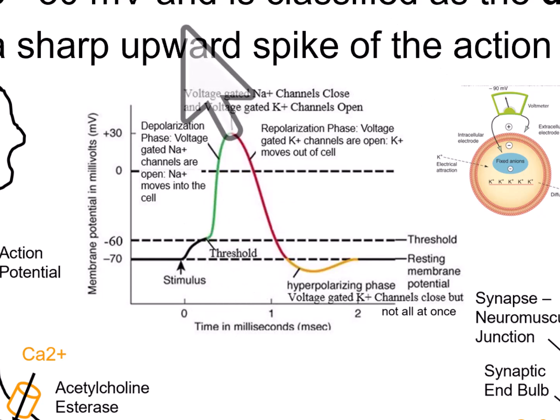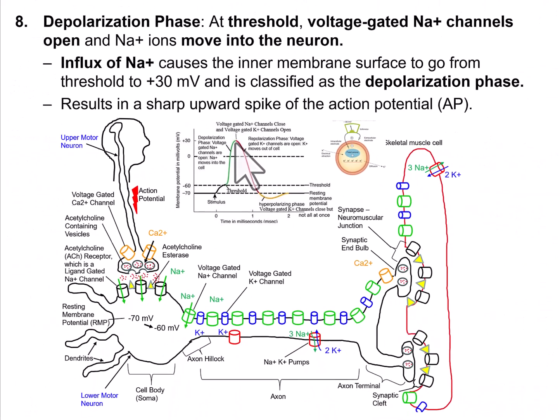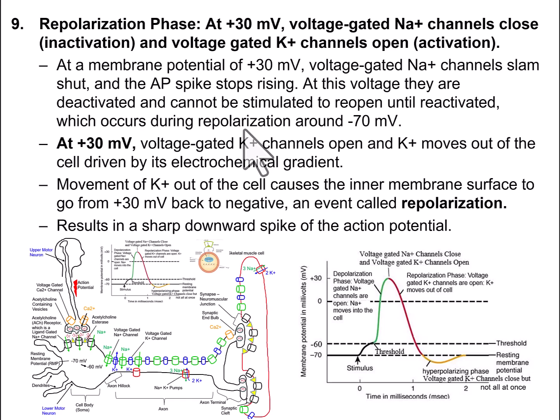Now watch this. This is really cool. As this sodium reaches positive 30 millivolts, that's the voltage that closes voltage-gated sodium channels and opens voltage-gated potassium channels. So once you hit positive 30 millivolts, the spike stops. You can't depolarize any further because the voltage-gated sodium channels are slammed shut and they become deactivated.